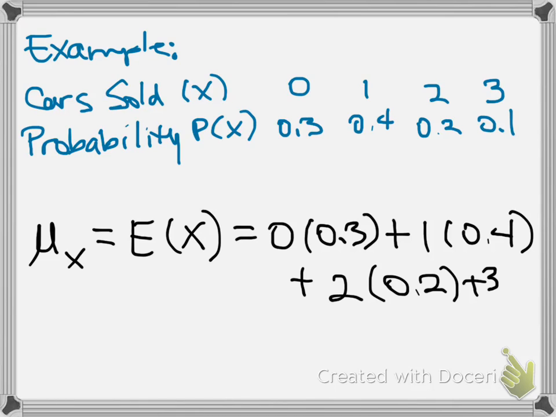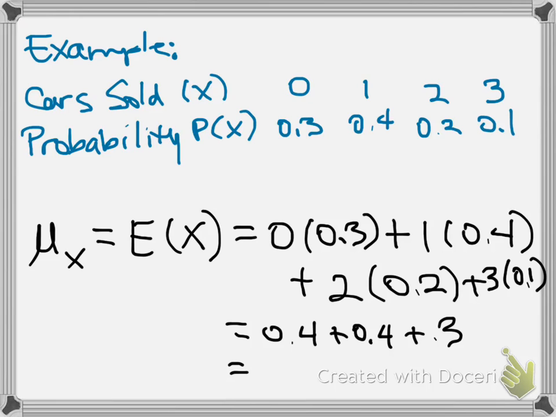And then the situation where we sell 3 cars and multiply that by 0.1. So when we work that out, we'll get 0 plus 0.4 plus 0.4 plus 0.3. And when you add those values together, you get an average of 1.1. So on average, we expect to sell 1.1 cars during the first hour of business on any given Friday.